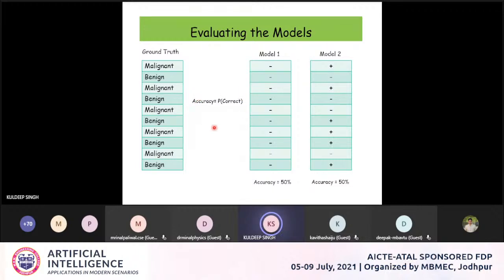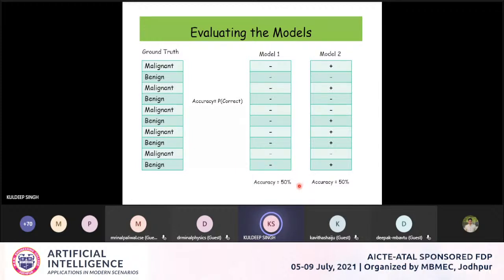Now let's compute the accuracy. What is the accuracy? Accuracy is basically the probability of correct detection. So the model 1 is assigning the negative class to each of the ground truth or the test set images.